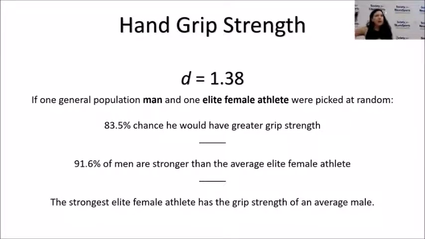If we compare that one average randomly selected male and one elite female athlete, there's still a greater than 80% chance that he's going to have a greater hand grip strength than her. In fact, greater than 90% of men are going to be stronger in terms of hand grip strength than the average elite female athlete. And let's say we take the absolute strongest elite female athlete that we have, right? She's still only going to be about as strong as the average man.